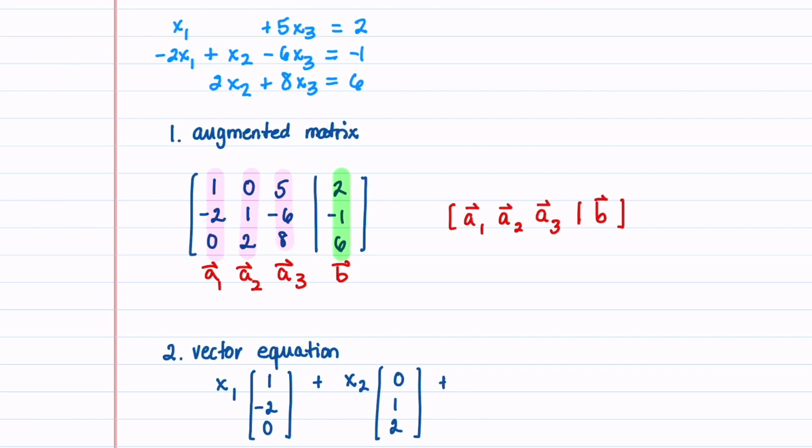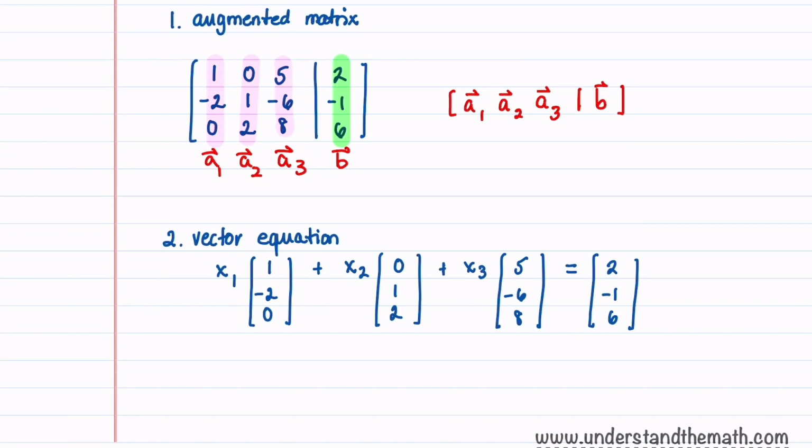And then we have x3 times the vector 5, minus 6, 8. And that's all equal to our right-hand side, 2, minus 1, 6. In general, this is going to be written as x1a1 plus x2a2 plus x3a3 is equal to b.